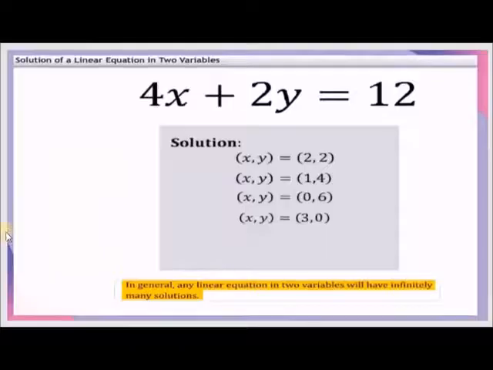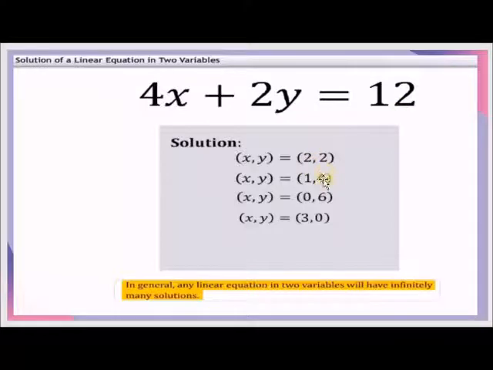Fine. So other examples of solutions of this linear equation are 1 comma 4, 0 comma 6, 3 comma 0. If we put the value of x as 1 and y as 4, then see, 4 1s are 4 plus 2 4s are 8, and 8 plus 4 is equal to 12.